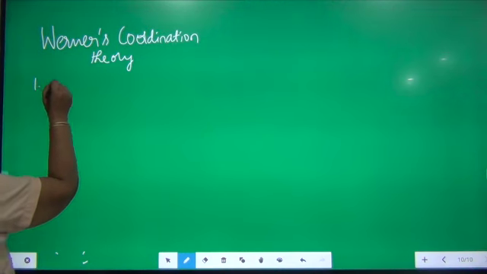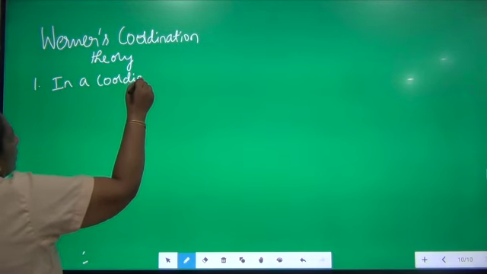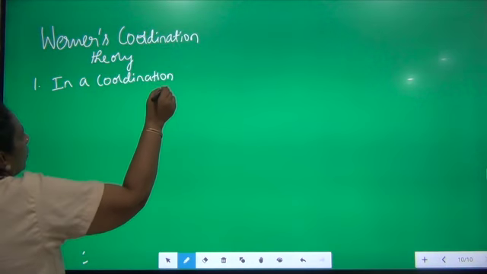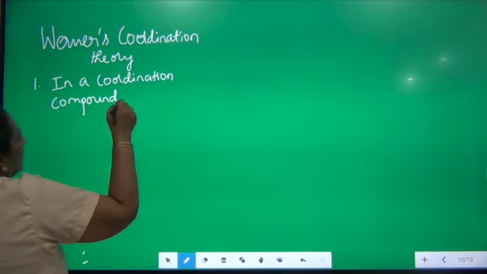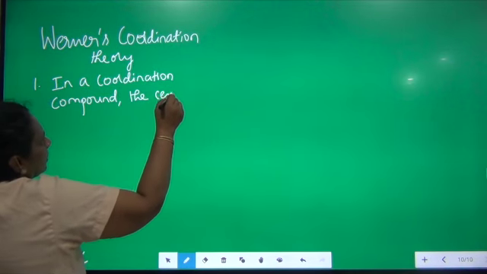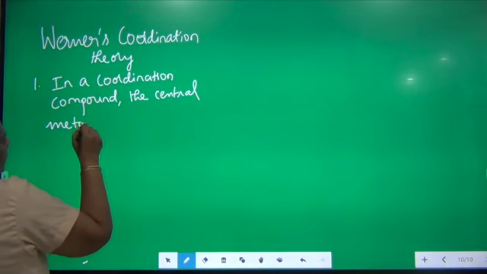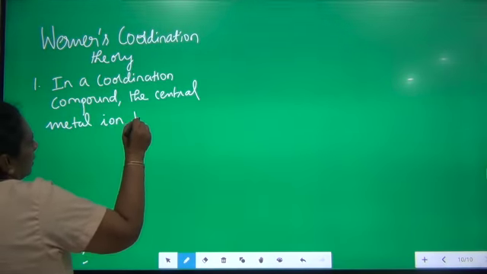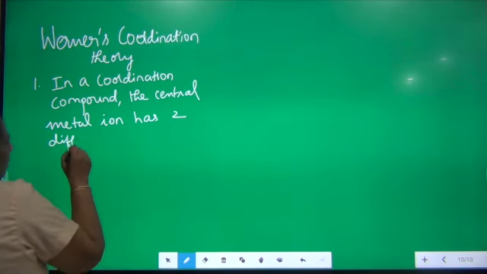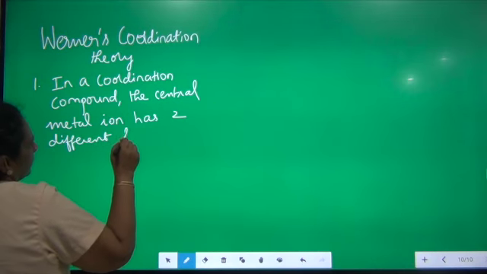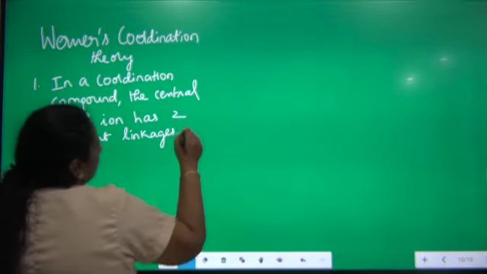Postulate number 1. In a coordination compound, the central metal ion has two different linkages or valencies.